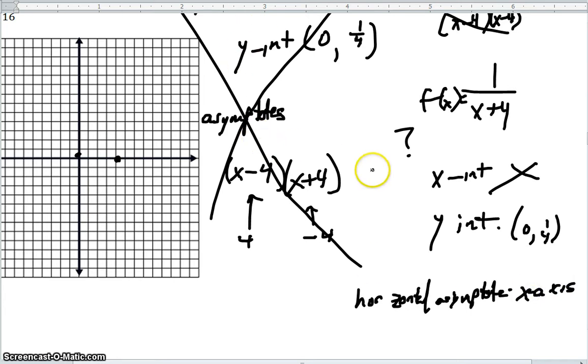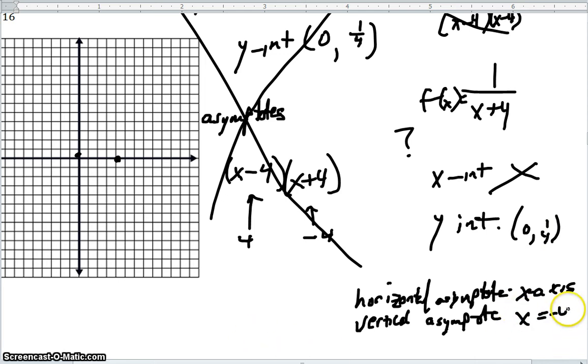Okay, so that's the first asymptote. The vertical asymptote is where the denominator is equal to 0. Okay, and the denominator is equal to 0 at negative 4. So I'm just going to say, well, where is that equal to 0? It's equal to 0 at negative 4.